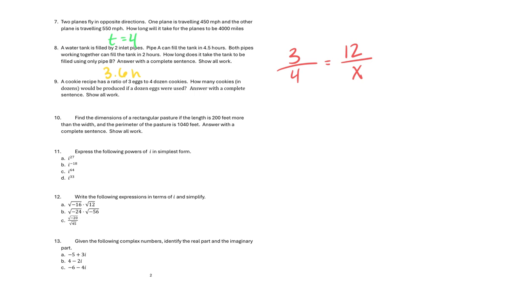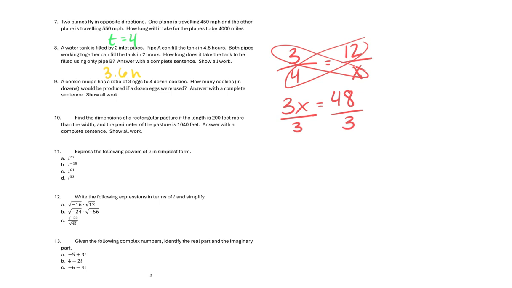So again, we can cross multiply here to solve, or multiply this by this, set it equal to each other. So we have 3x is equal to 12 times 4, which is 48. If we divide both sides by 3, we end up getting x is equal to 16.